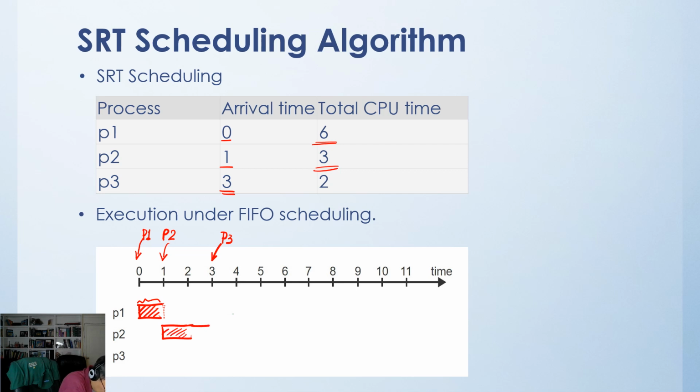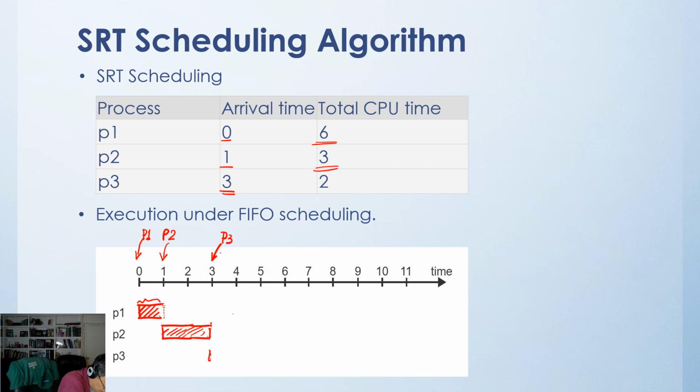Now P2 is gonna continue to run until the time 3. Now P3 arrives. So in this case, we have 3 processes, P1, P2, and P3. Now what's the remaining time for P1? It's 5, right?